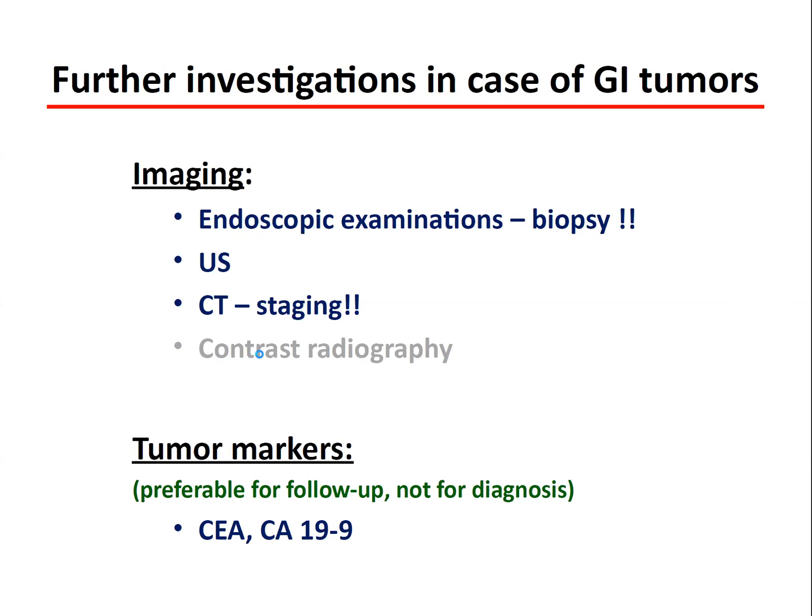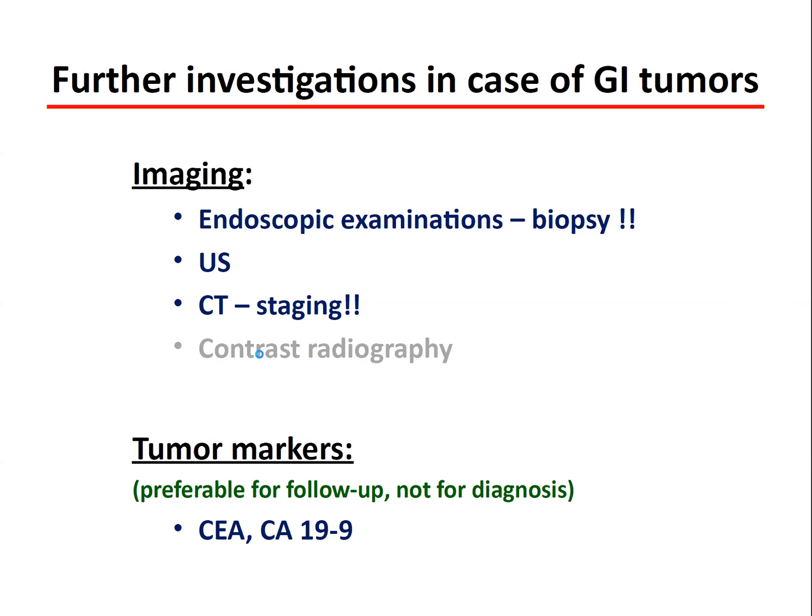Now, further tests in the GI tumor: endoscopy and biopsy, ultrasound and CT staging should be done, and some tumor markers such as carcinoembryonic antigen or CA19-9 should be measured, but mostly if you don't see any tumor, or before the operation.